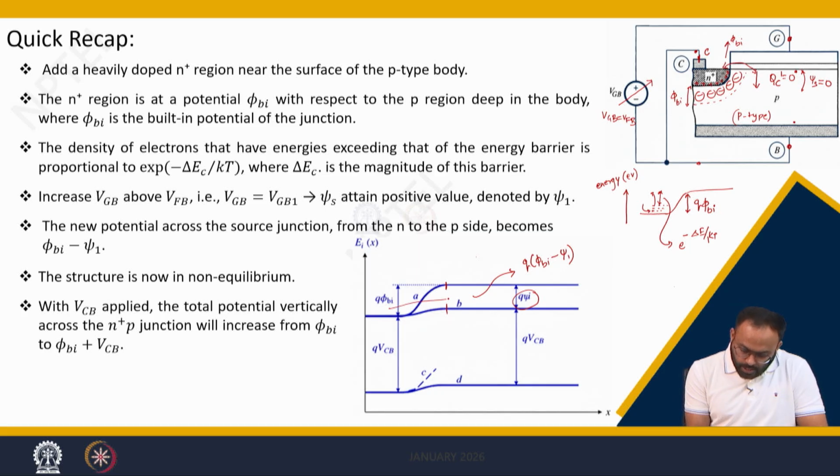This increases the attractiveness for the electrons to move from the N plus region to the surface, and hence the inversion forms. So, here the inversion electrons come into the picture.